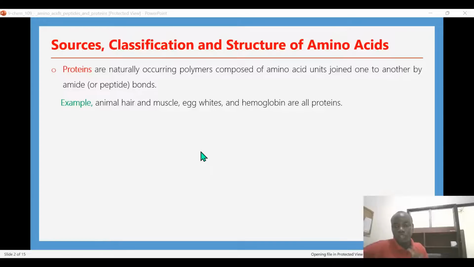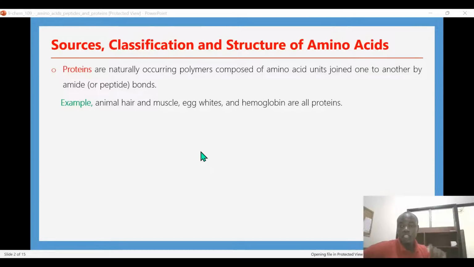Egg white is also a protein content of the egg. In the muscles, we have actin and myosin, which are examples of proteins found in the muscles. And in the animal hair, we have keratin. So these are examples of proteins.